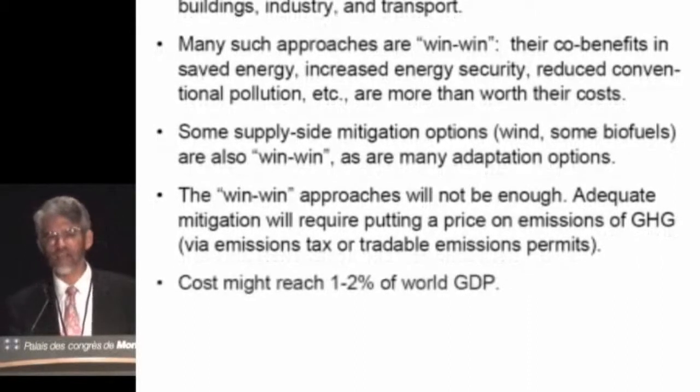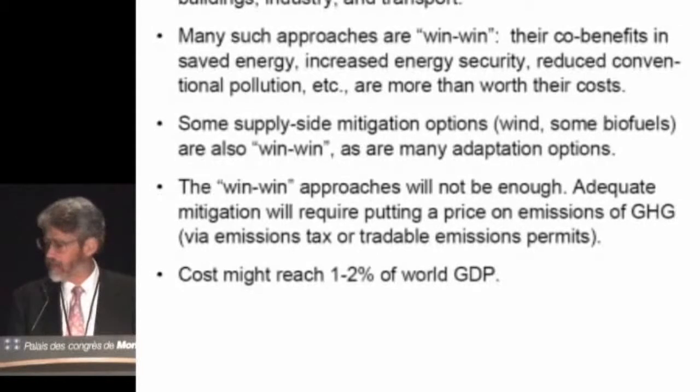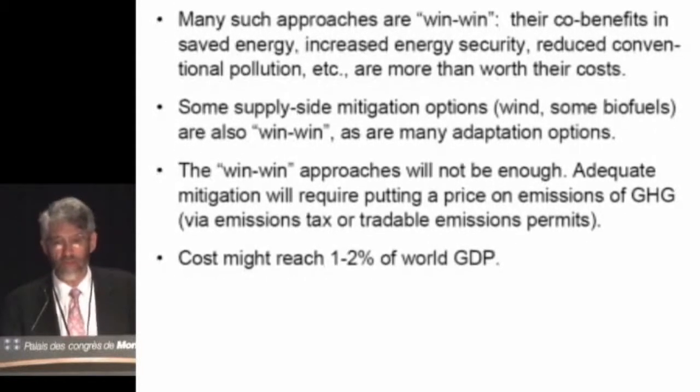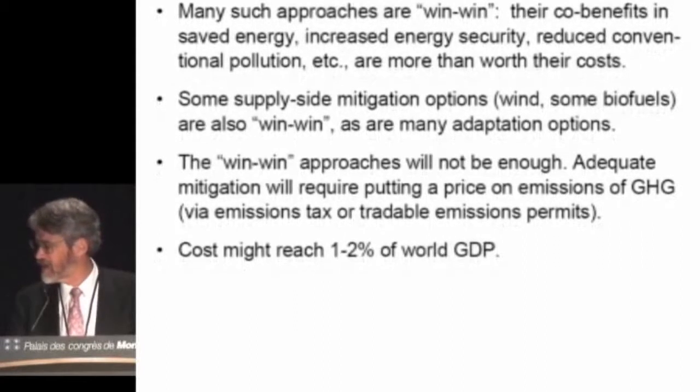The cost, ultimately, of doing that, the cost of adequate mitigation, might well reach 1 to 2% of the world's GDP, maybe 1% in 2050, 2% in 2100. It's real money, but as the Stern report has pointed out, and as the IPCC's new mitigation report emphasizes, it is likely to be small compared to the damages that will ensue to the world economy and to other aspects of human well-being if we do not solve this problem.